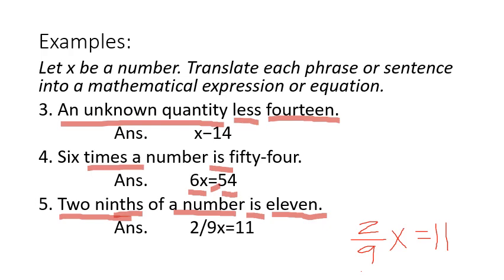Okay, so if you are writing it properly, this is the proper way of writing it. Kung titingnan natin, nagmumukha na yung x ay part lang ng denominator na 9. So that is actually incorrect. So this is the proper way of writing it.